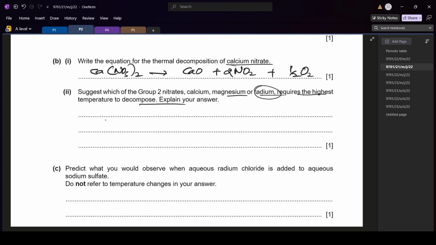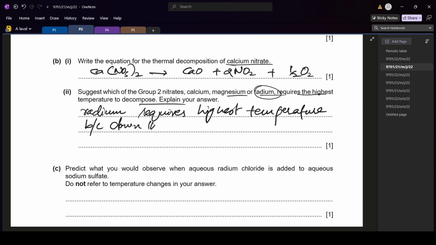So radium requires the highest temperature because down the group stability increases.